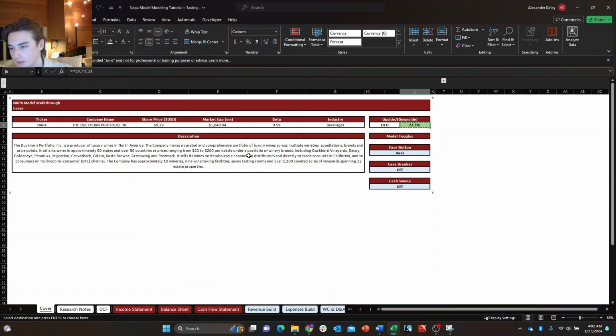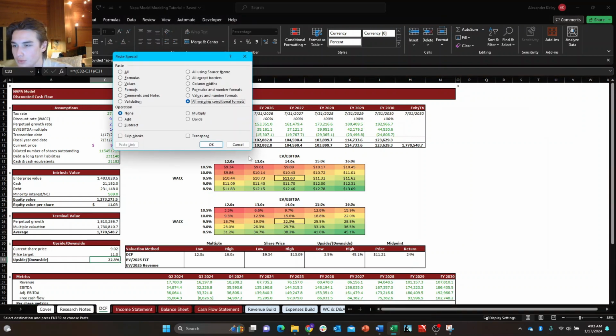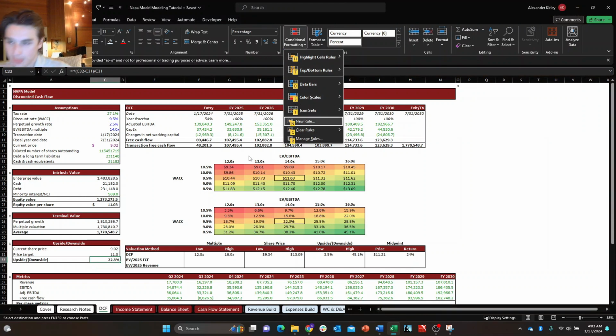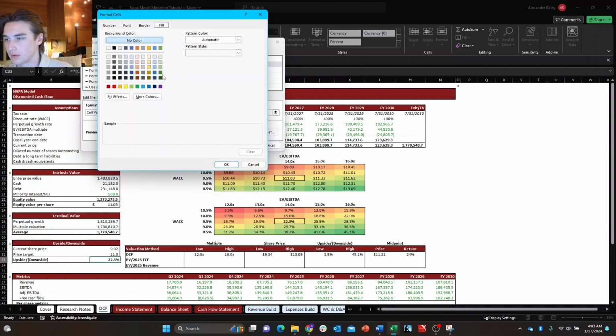Okay, copy this. Let's go back to the DCF. Refed it, it's not good, so I'll just do it here again. Cell value greater than 0.00001, format, give me that green again.